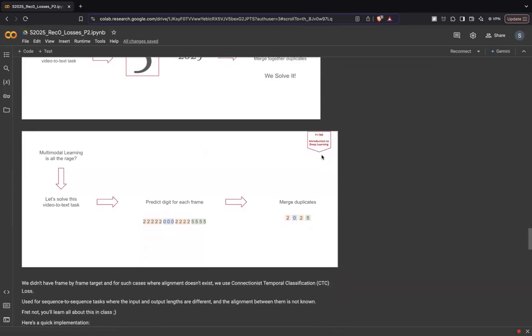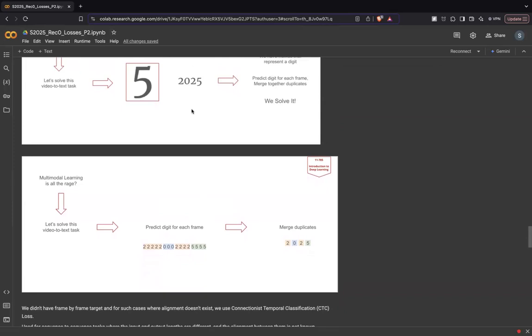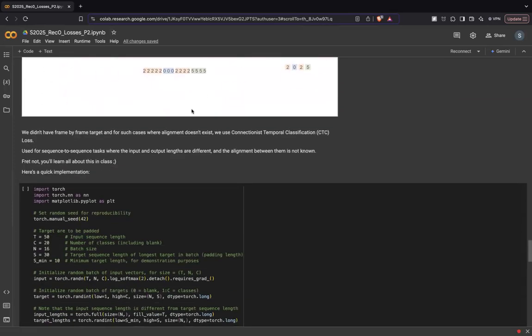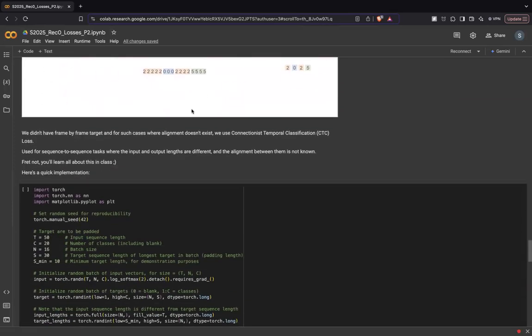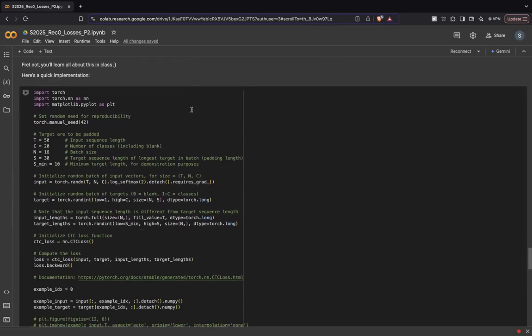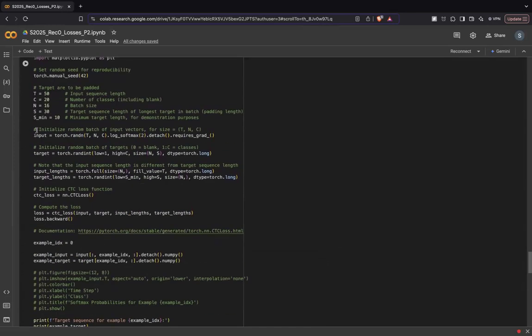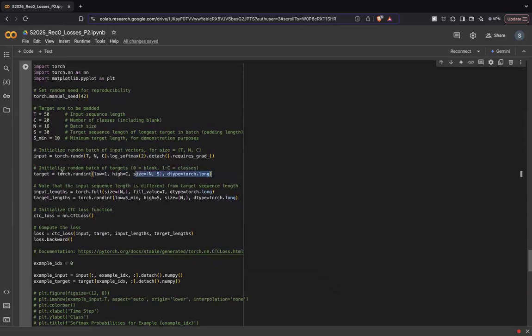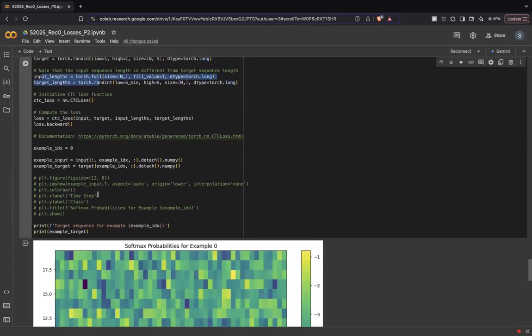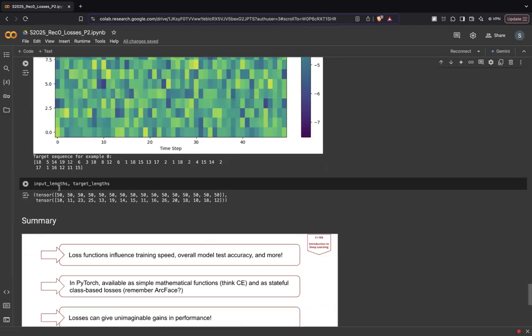It's used for sequence to sequence tasks where the input and output lengths are different, as is the case in this one. There will be a lot more frames than just the four digits we see in the output. So you'll learn a lot more about this in class, but to give you a quick view of how this would work, you would have the input and the target derived from the model, and then you will see that they have different lengths, right?